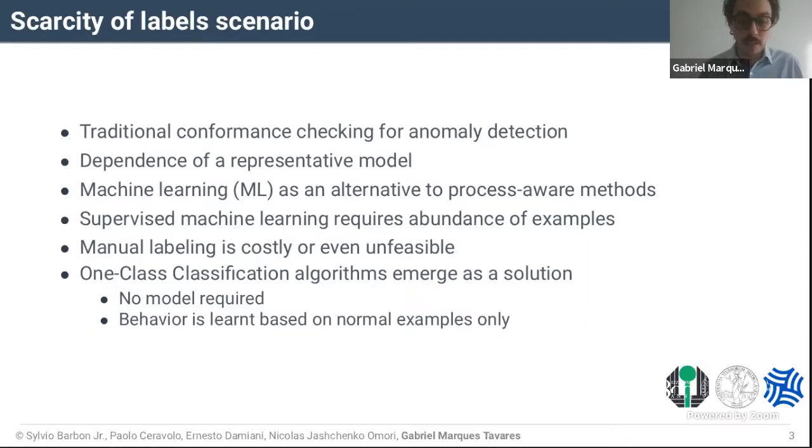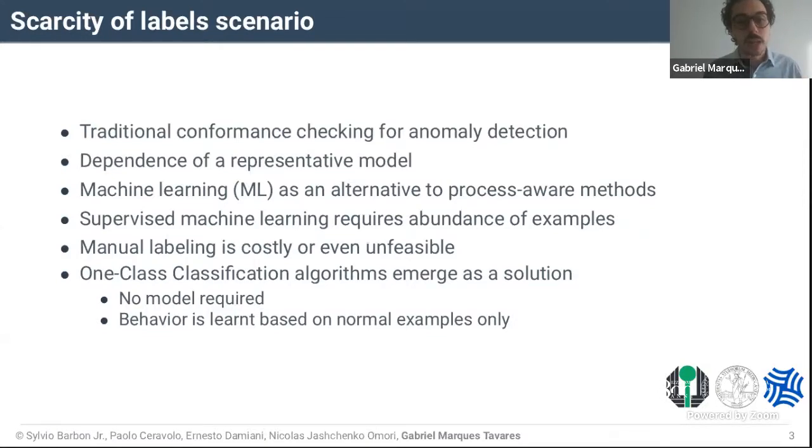And this can be an additional problem for labeling. So given the scenarios in both of these problems, in our work here, we are proposing a method based on one-class classification algorithms that overcomes both of these previous issues, because one-class classification algorithms do not need process models to detect these anomalies, and also the behavior is learned based only on normal examples.